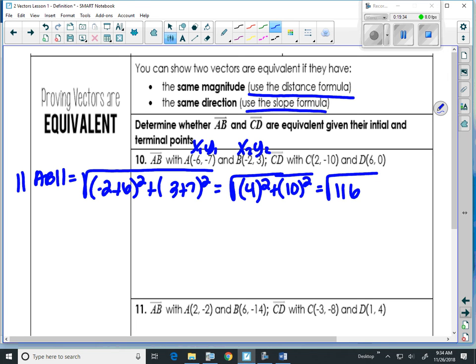Should be 1/16. Technically, you don't have to find the decimal here, but that's fine. Okay, so that's AB. Have to do CD.